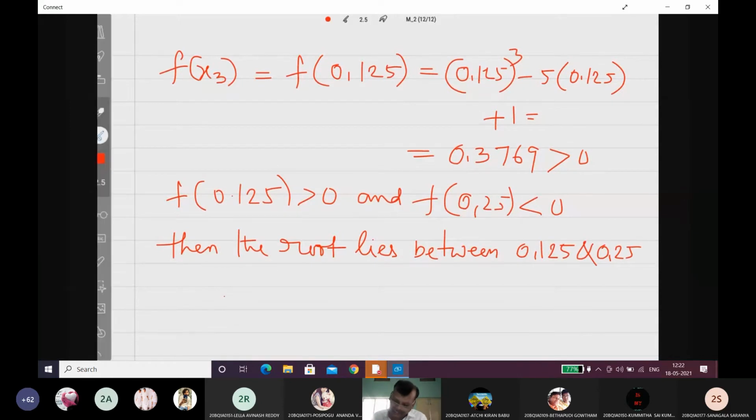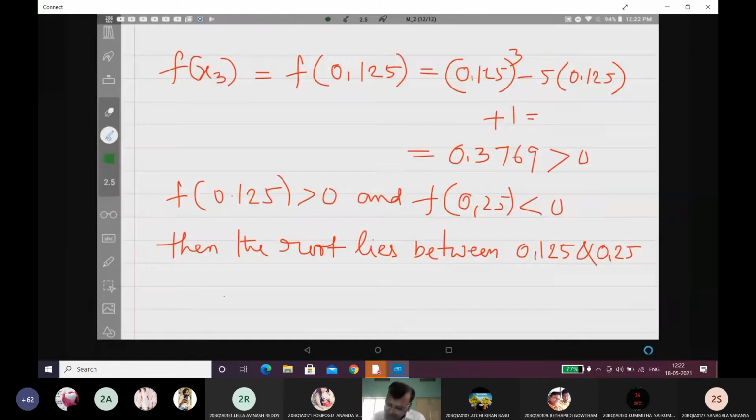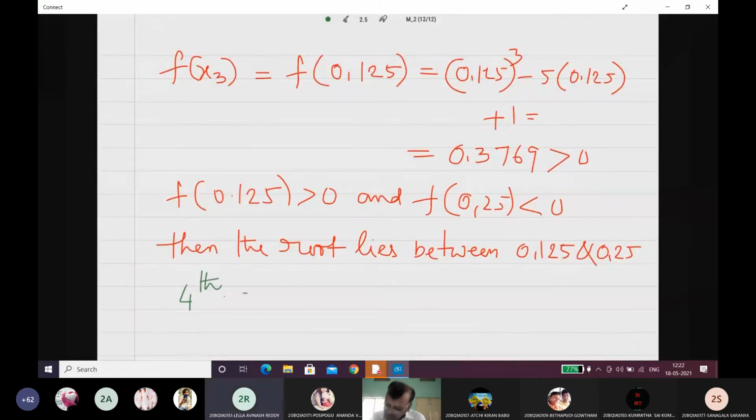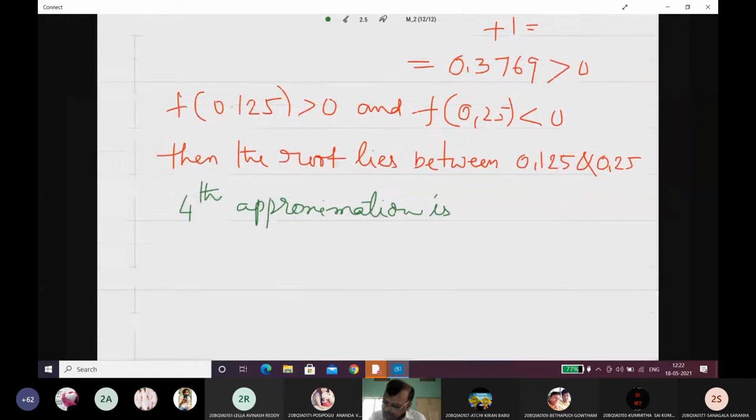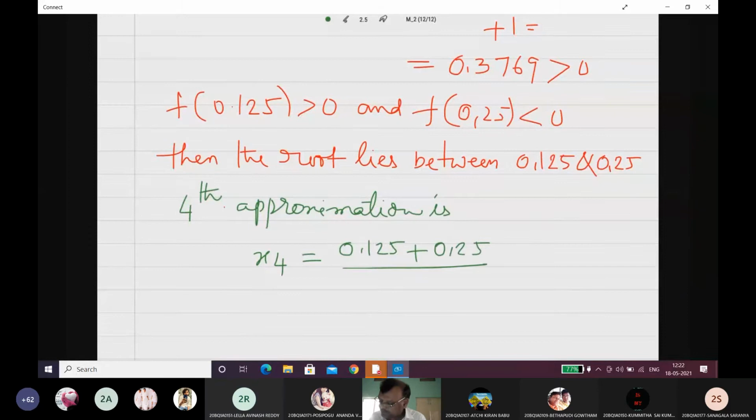Fourth approximation is x4 is equal to 0.125 plus 0.25 divided by 2, that is equal to ఎంతనా? 0.1875. Very good. Now again find out f of x4.